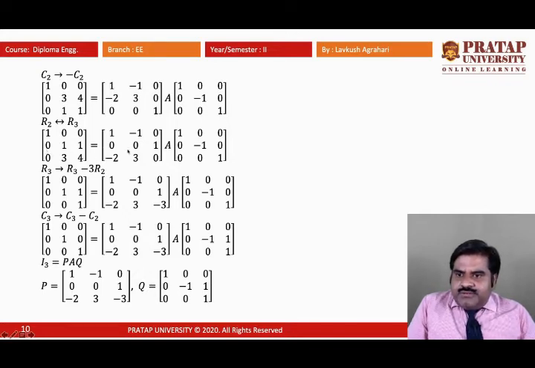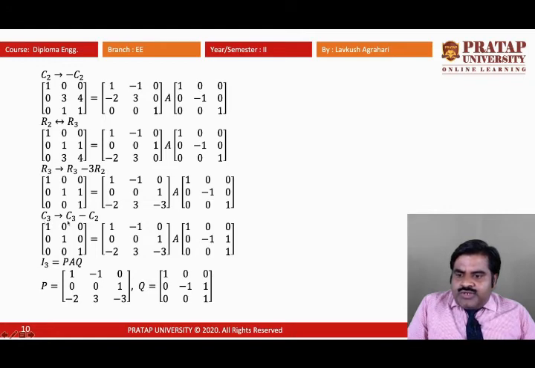The same is reflected in the matrix written on the left hand side of A. Now the transformation is R3 replaced by R3 minus 3R2. By this operation, the element (3,2) becomes 0 and (3,3) becomes 1. The same is reflected in the matrix on the left side of A.